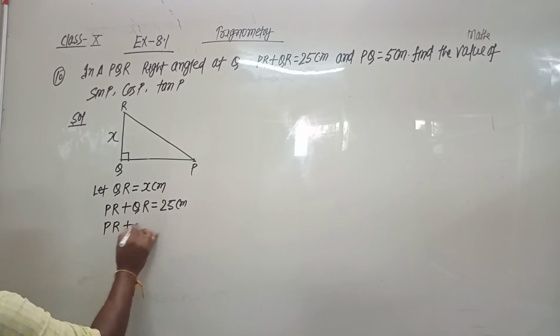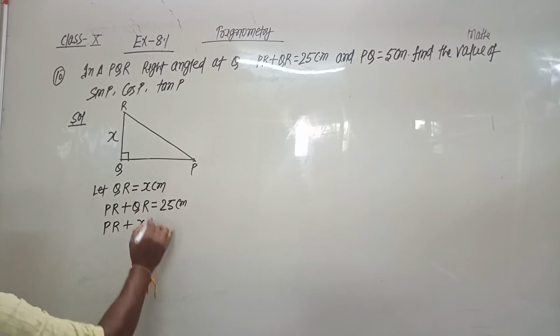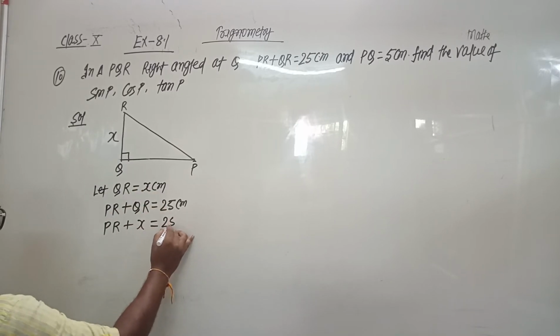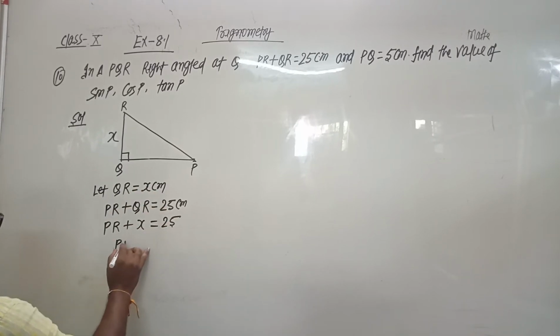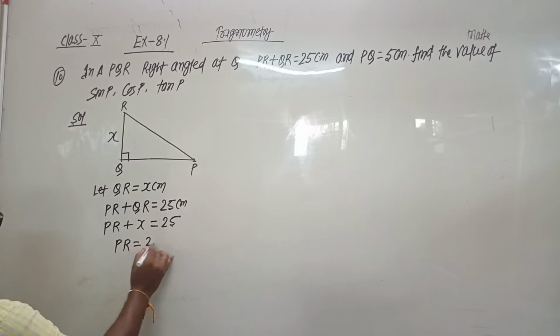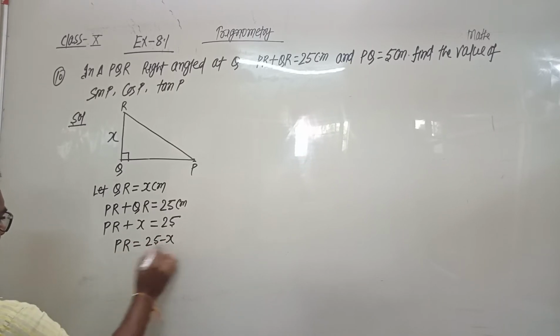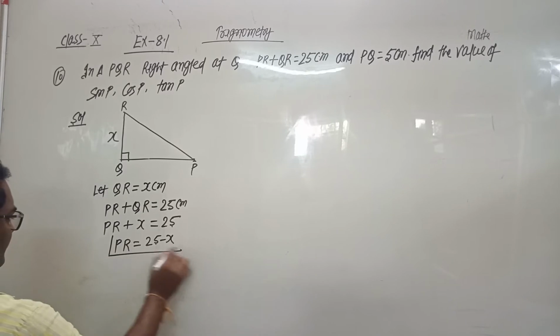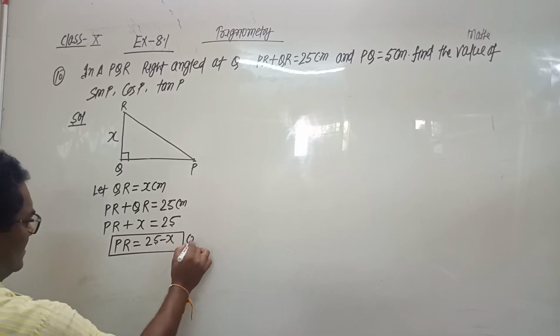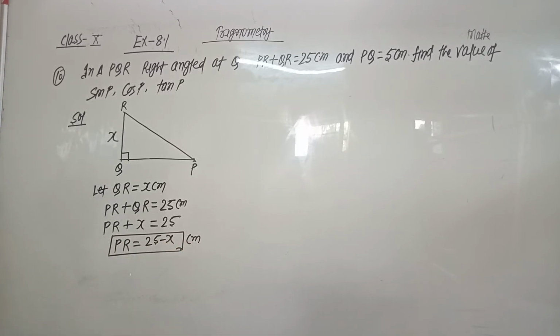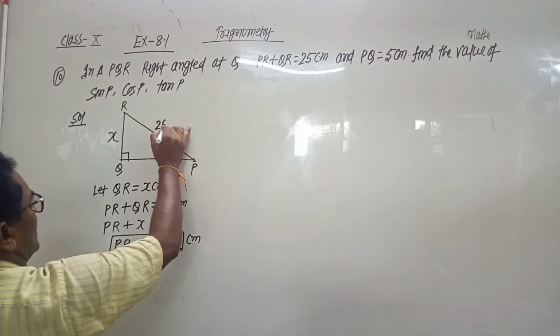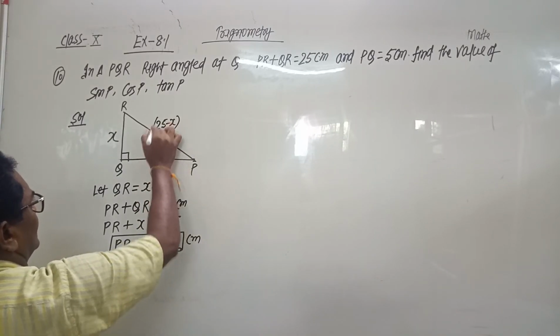So PR plus x equals 25, and the value of PR is 25 minus x centimeters.